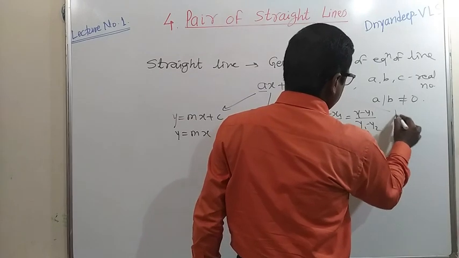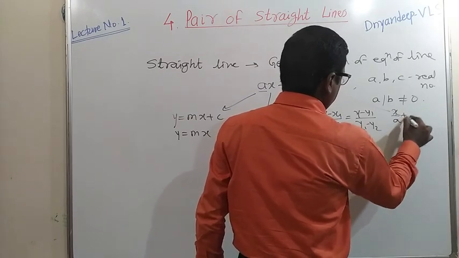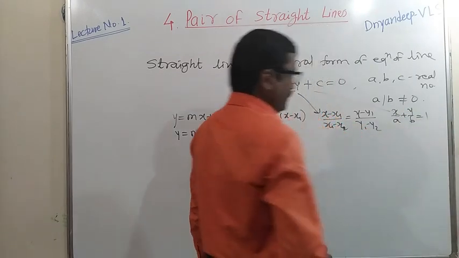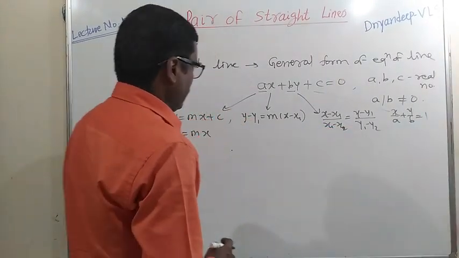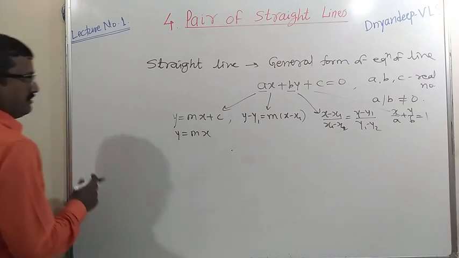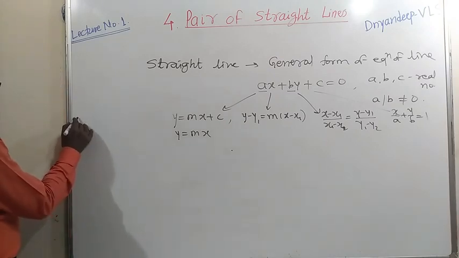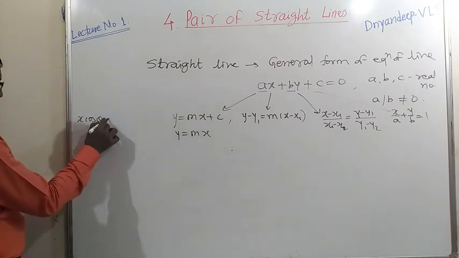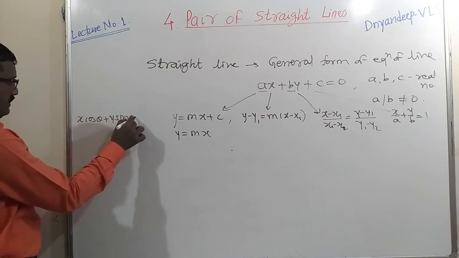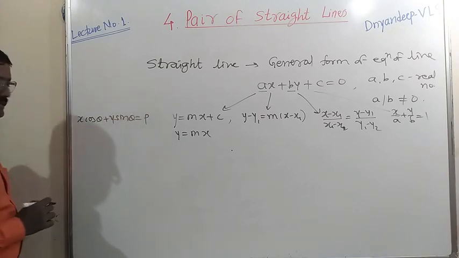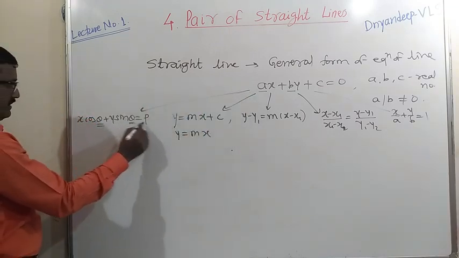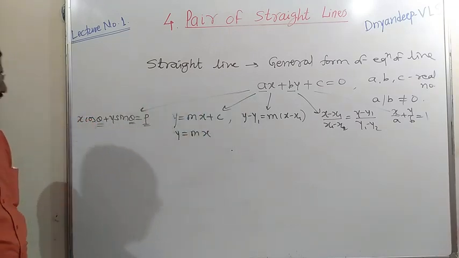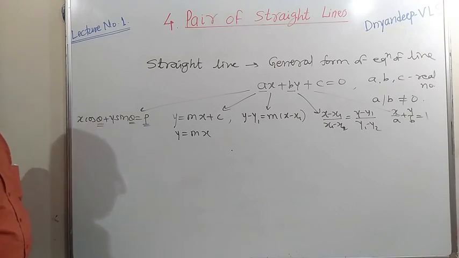And the next one is x upon a plus y upon b equal to 1. That is the double intercept form of equation of line. And one more form, that is x cos theta plus y sin theta is equal to p. That is the normal form of line, where this theta and this p are related to the normal of the line.